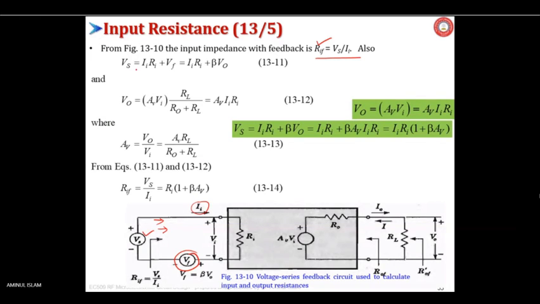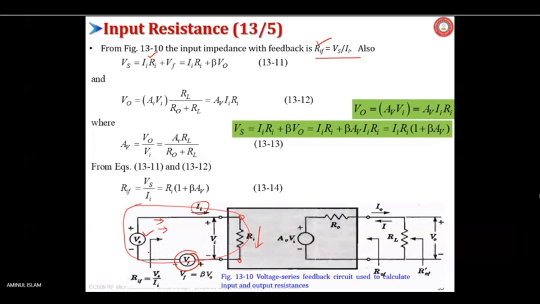Next, VS equals to what? If you see the loop here, in this loop, what is VS? Is it not VS equals to I into RI? Same current is flowing in this direction, so I into RI is the one voltage drop here. Then what is there? VF.